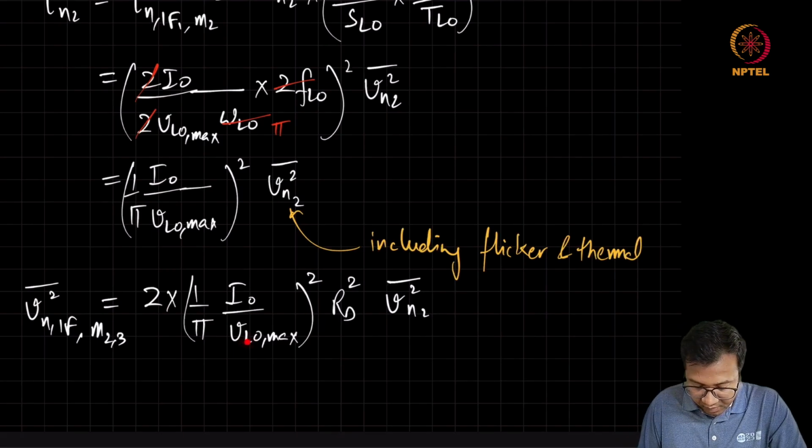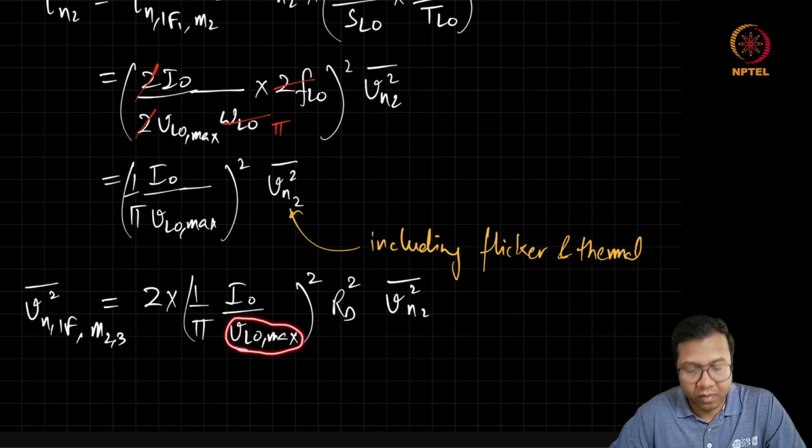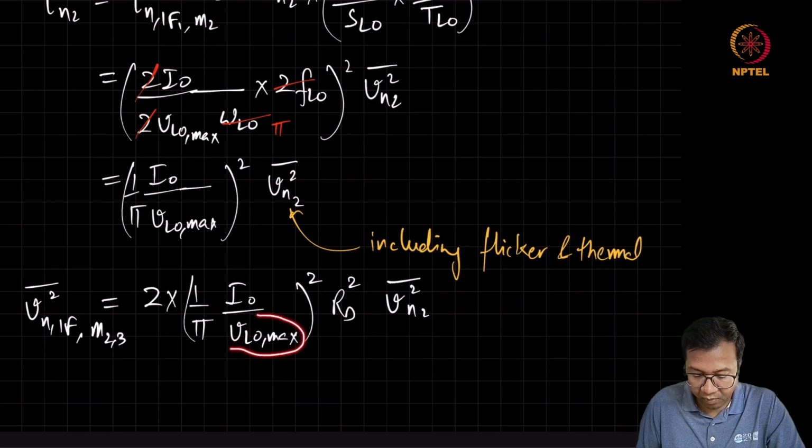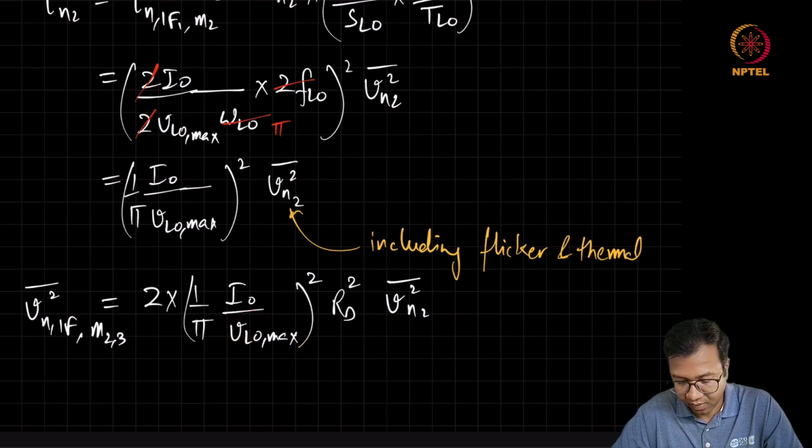So here we'll notice that there is a VLO max coming in the denominator, saying the higher the swing of the LO, the higher will be the slope, the faster will be the transition. But there is also a limit on how high this slope or amplitude can be, because of the way we are biasing the transistor.